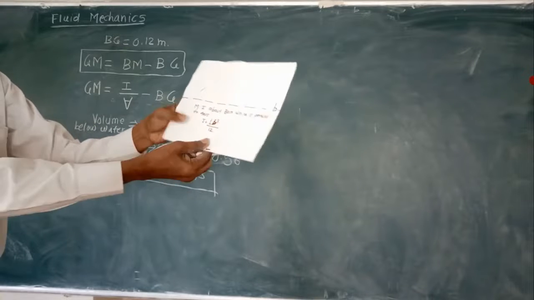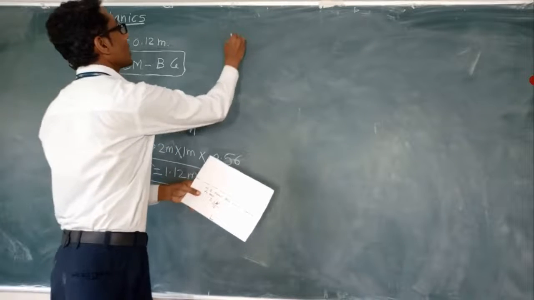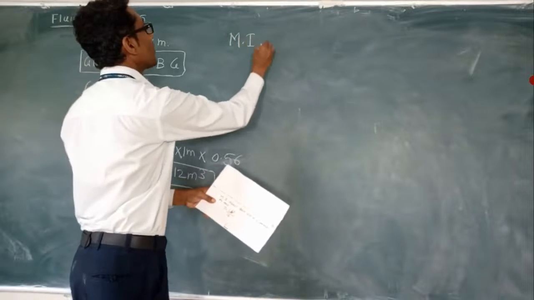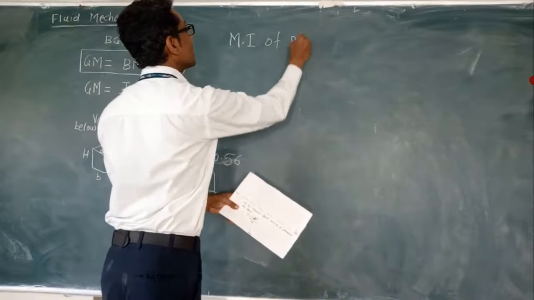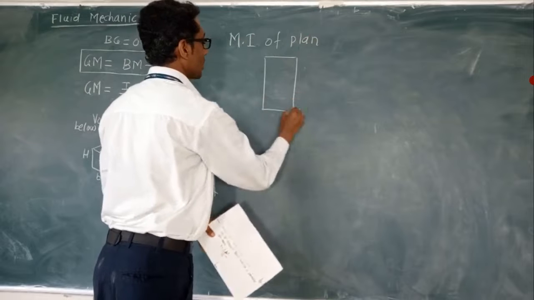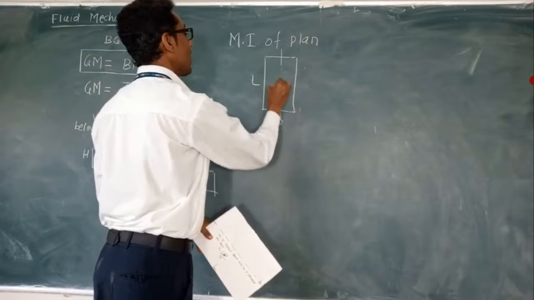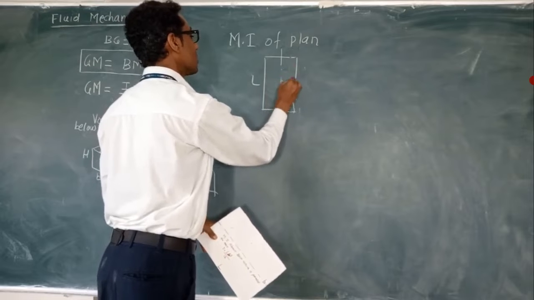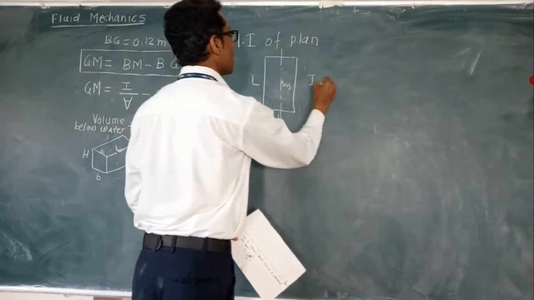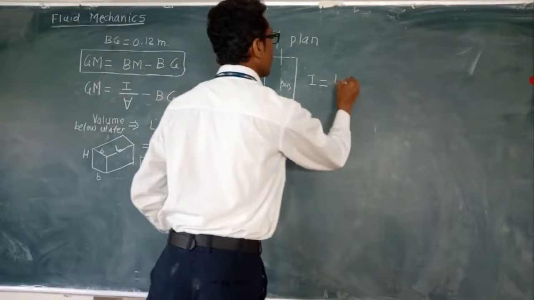As per the definition of moment of inertia of a plane, with diagram L, B and this axis, I will be L B cube upon 12.